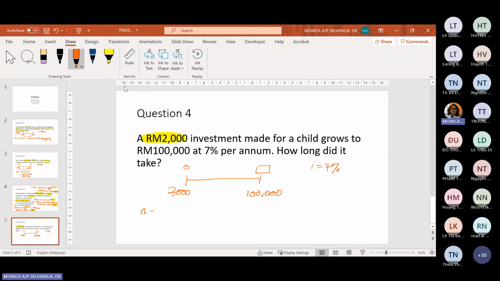So you want to calculate the N. N is ln of FV divided by PV, over ln of 1 plus I. So ln is a log function, future value is 100,000, present value is 2,000, 1 plus 0.07.